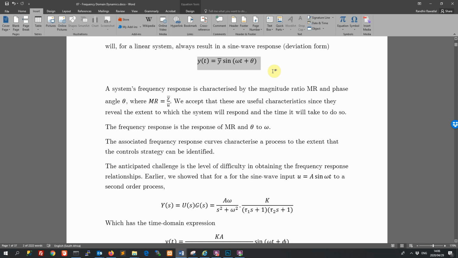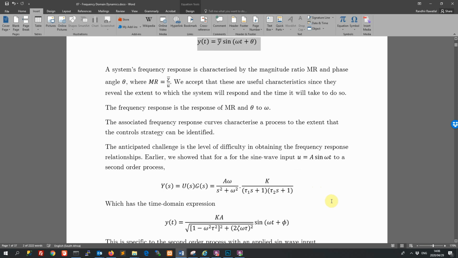We want to now consider the possibility that the process doesn't strictly follow some well-behaved second order system, that it might be more or even less complicated than that. And so how do we then estimate our magnitude ratio, and how do we estimate the phase angle, i.e. the time delay before it becomes a sine wave? And those are important dynamics features that we'll see are critical in helping us to develop and design our control system.